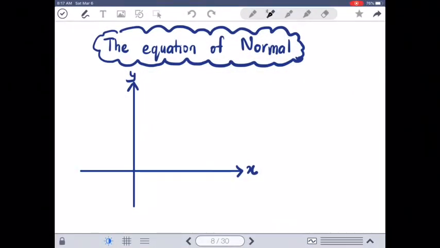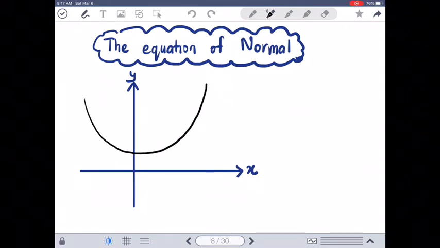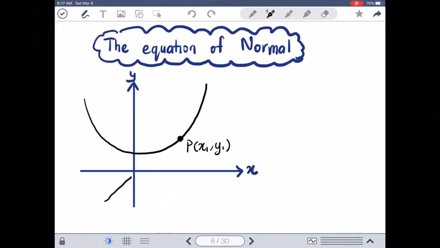Now we are going to have a look at the equation of normal first. Let's see what normal means. Suppose you have a curve, and you have a point P (x1, y1). The point can be any point along the curve. I pick this point here, and we have a tangent, which is just a straight line that passes through that point.